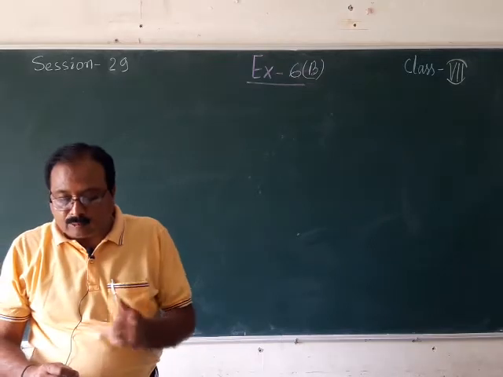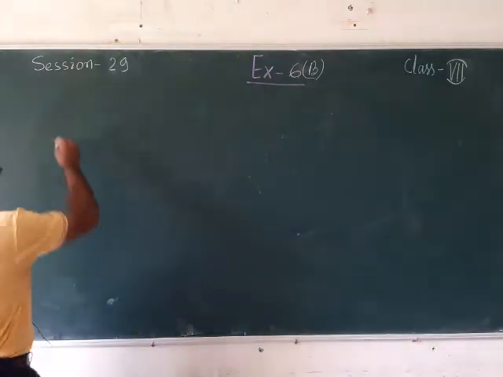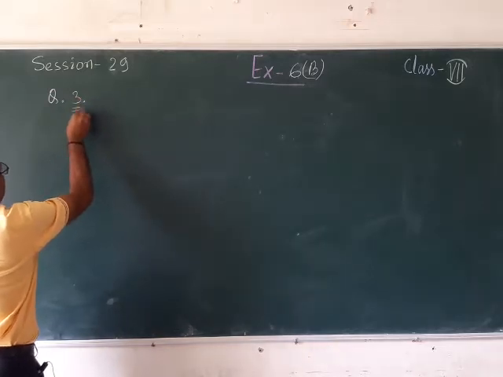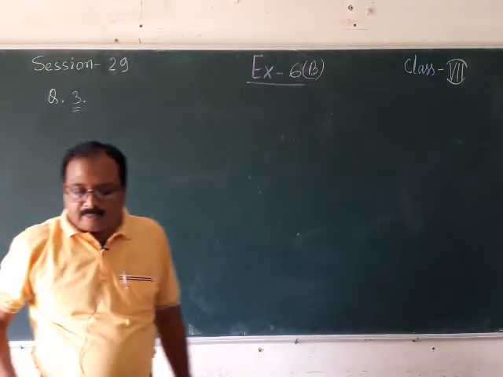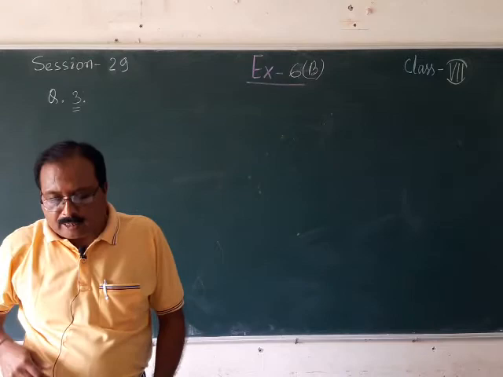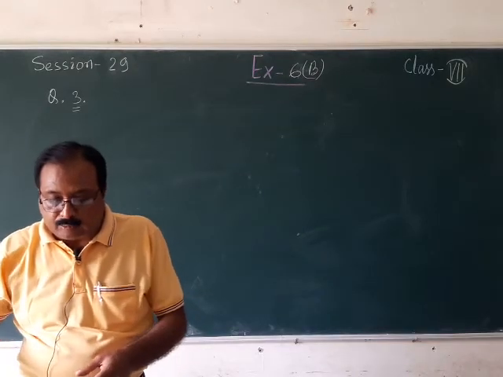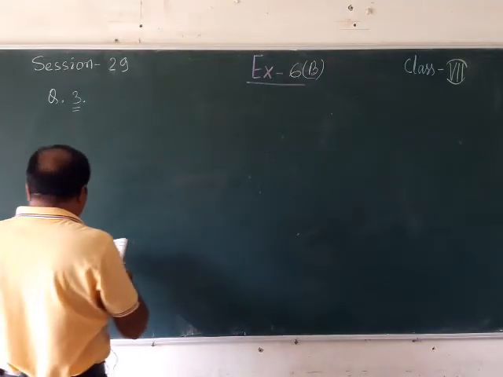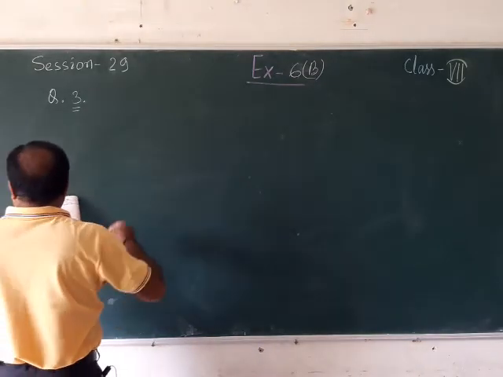For this I am taking question number 3 of exercise 6b. Add the following polynomials. How to add? What are the polynomials? Just first copy down.